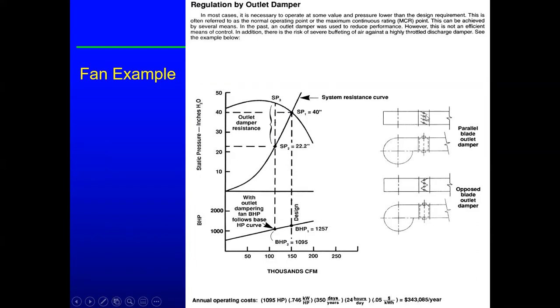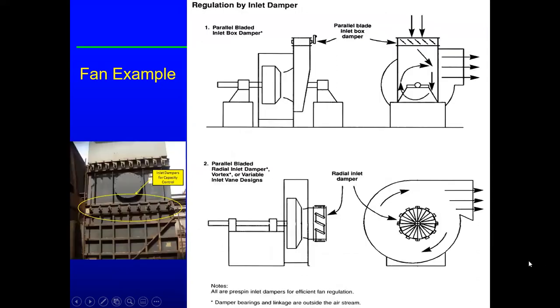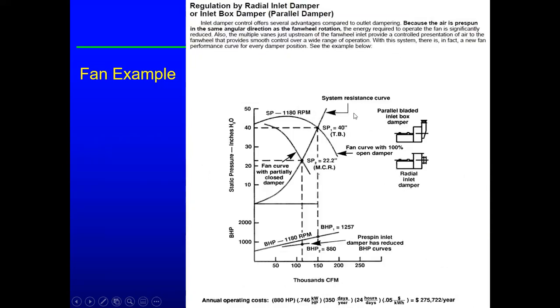You could have opposed blade or parallel dampers, whichever. Here's the operating cost for 350 days a year at 5 cent power, about $343,000. If we go to some kind of inlet guide vane or engineered box, which imparts that pre-swirl, we can change.